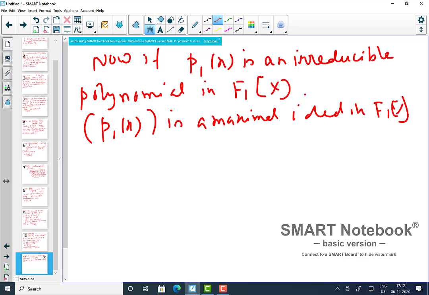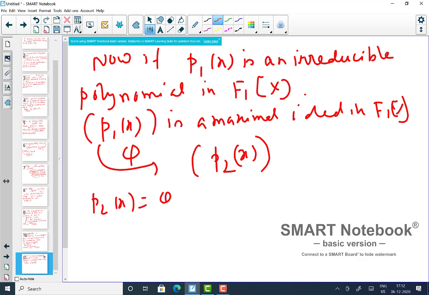That means the image of this maximal ideal under phi will be some <p2(x)>, where p2(x) is nothing but phi of p1(x), the image under this isomorphism.